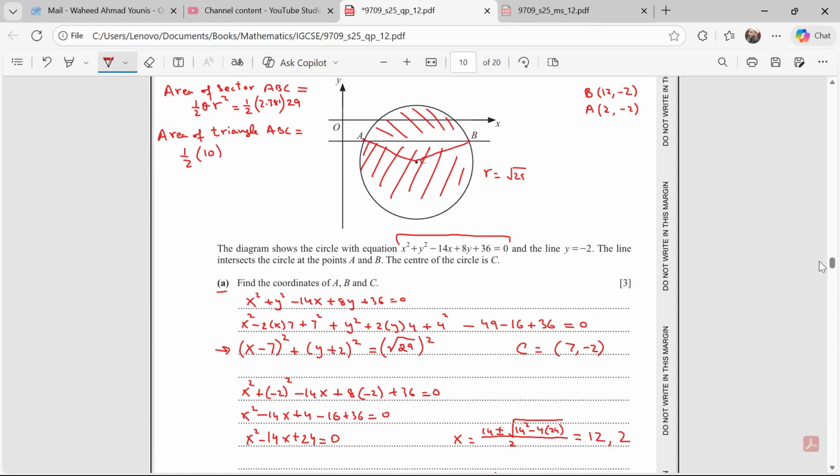And height. Remember, C has y coordinate of -2. Am I right? No, no, no, I'm definitely wrong here. It has to be 4. Yes, it was 4. I'm sorry, why did I put 2 here? It is 4. My apology.